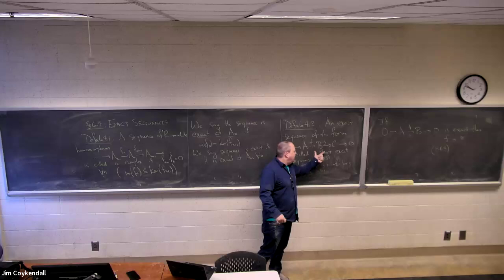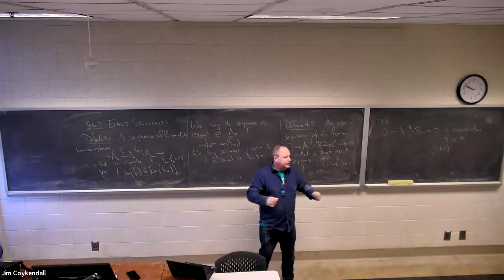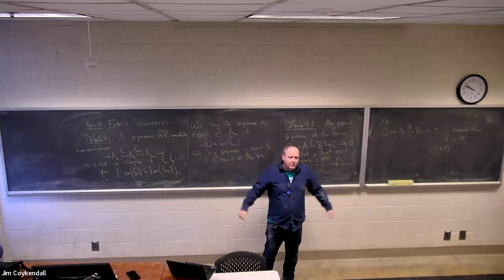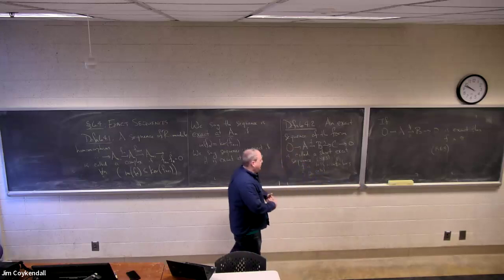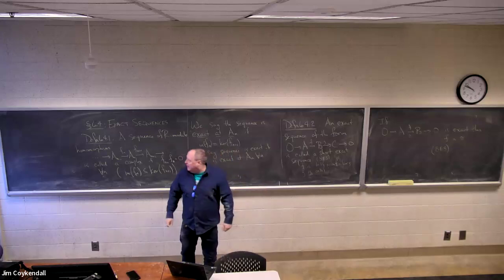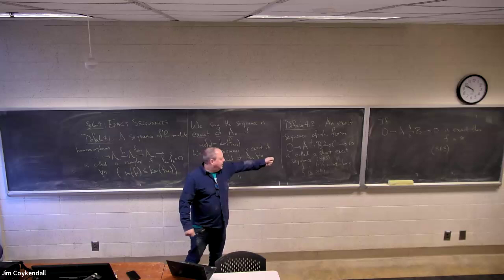That is, you can take a whole bunch of small short exact sequences and weave them into a long, even infinitely long exact sequence, and vice versa. You can tear it down into short exact sequences. So in a certain sense, if this is a molecule, that's an atom.